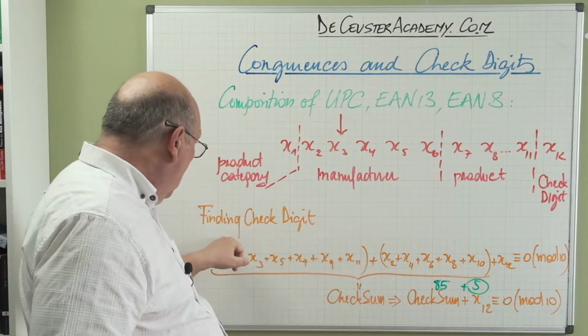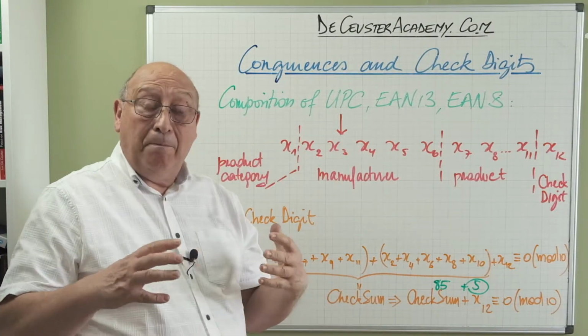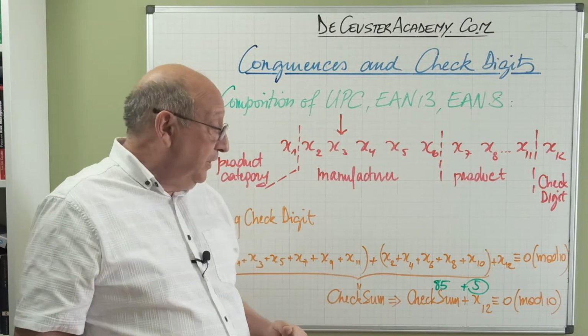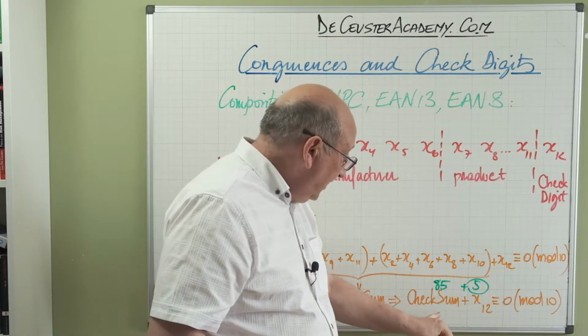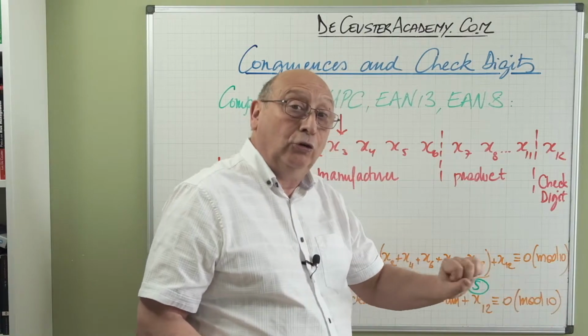This we call the checksum. So the sum of all these numbers that are part of the UPC, those 11 first numbers, we call it the checksum. And the checksum plus x12 has to be congruent 0 modulus 10.